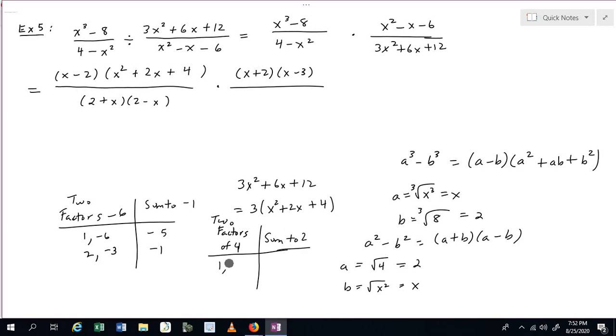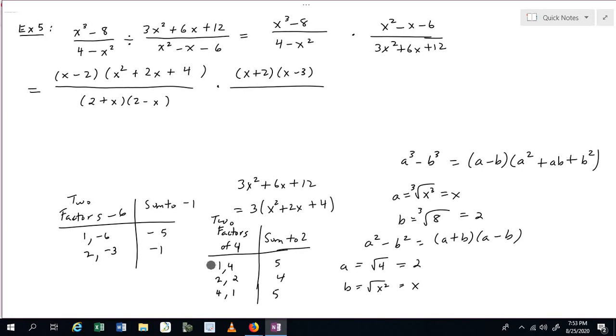So 1 and 4 adds up to 5. Then you have 2 and 2, that adds up to 4. The next one would be 3, but 3 is not a factor, so then you'd go to 4 and 1, which adds up to 5. None of those equal the middle term.